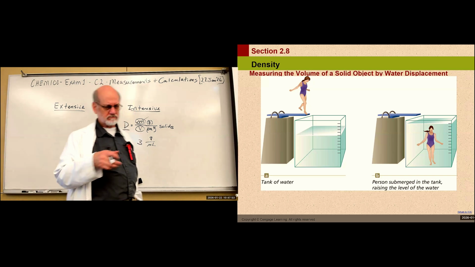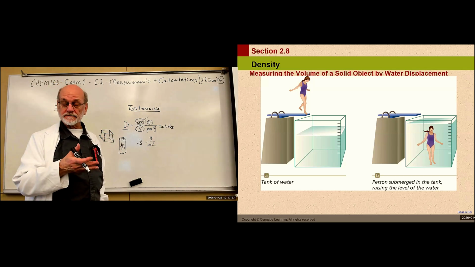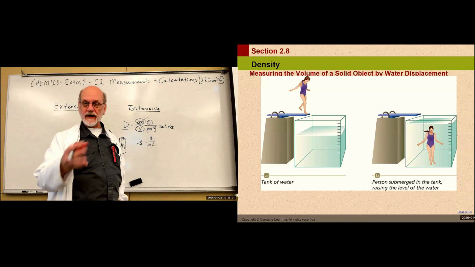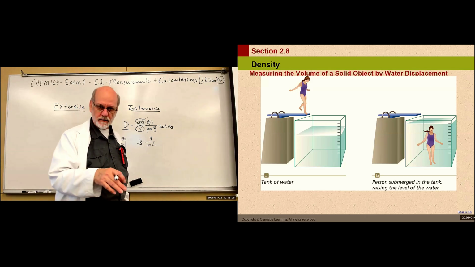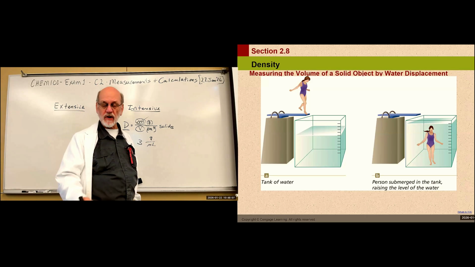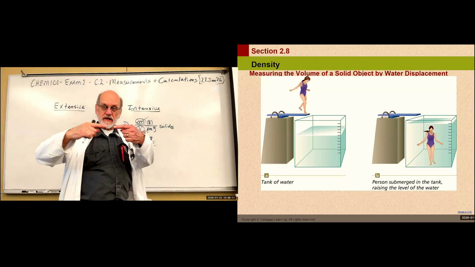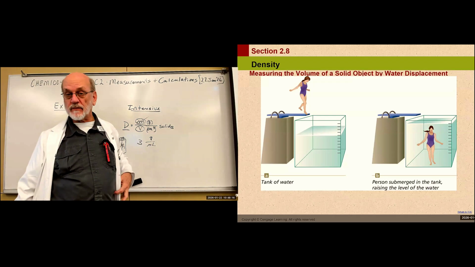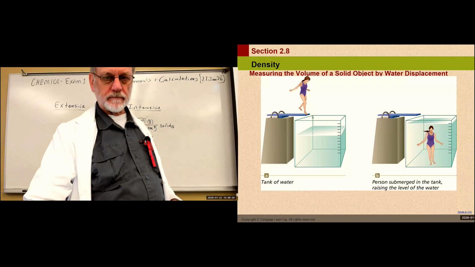Well, assuming your substance doesn't react with water, you could submerge it in the water and measure the volume before and after. As long as it's completely submerged, it will displace a certain amount of water, and you can measure the difference before and after. That would be the volume of your object.